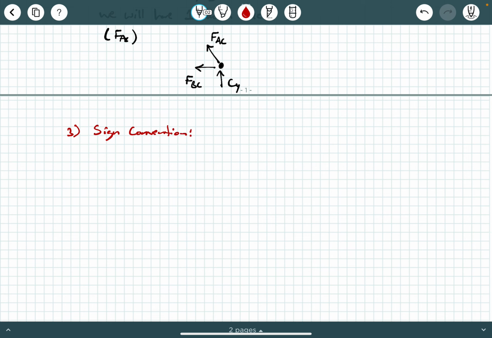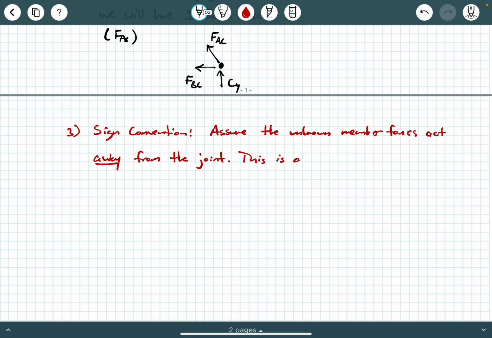So for the sign convention, what we typically do is we assume the unknown member forces act away from the joint, okay? Now what this is doing is assuming tension in the member, okay?